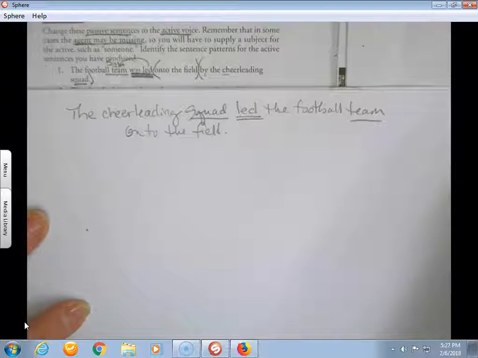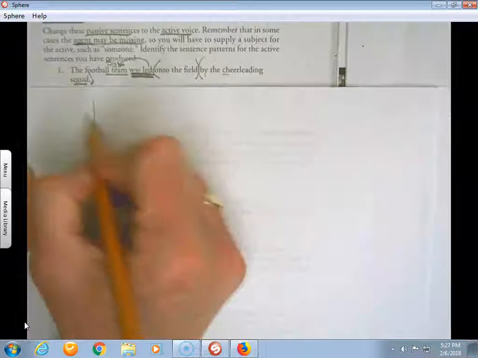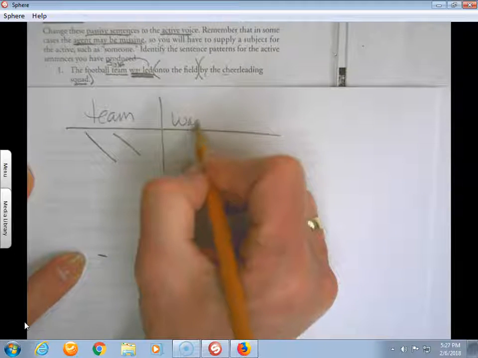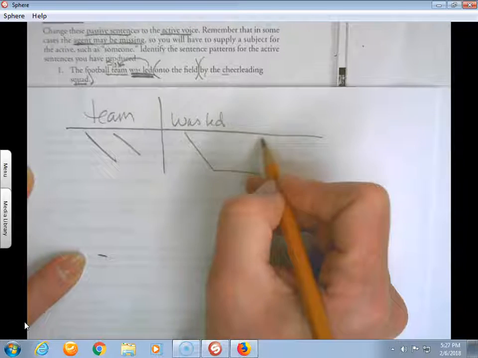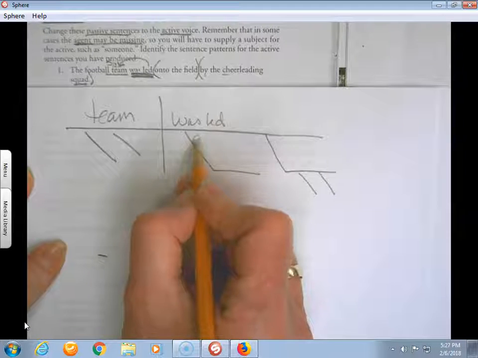How would we diagram the passive? Let's do the passive one first. We would say, team, the football team, was led. And then both of these would be onto field, by, squad, the cheerleading. Okay, all right, this is for you, Emily.